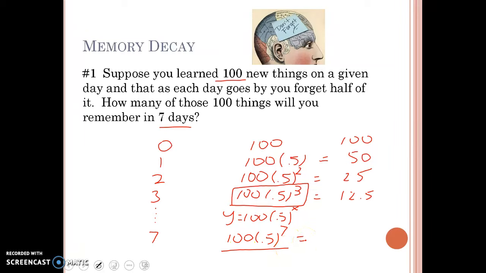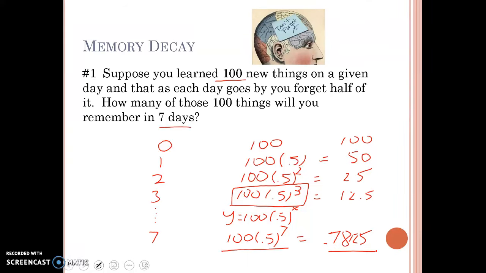And so we could take our calculators out and figure out what is 100 times 0.5 to the 7th power. So after 7 days, you wouldn't remember one thing, just 0.78125 things. And so that's not very much. So hopefully you remember more than that after a week that goes by.